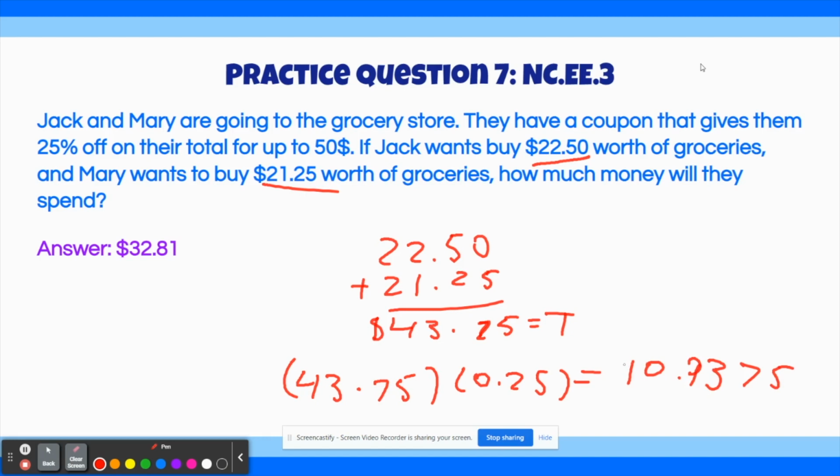Obviously, this isn't in just dollars and cents, but we can do the rounding at the end. And so remember, our total cost is this, and this is going to be the discount. So we want to subtract the discount from the total. So that means we want to do 43.75 minus 10.9375.